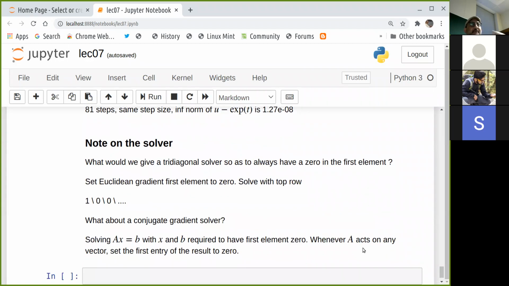So, a note on the solver. The way to guarantee that the tridiagonal solver will always give you 0 in the first element would be to have the first row all zeros, except the first entry is 1. And the vector that you're acting on has a 0 in the first entry. So 1 times what gives you 0? Well, 0, right?